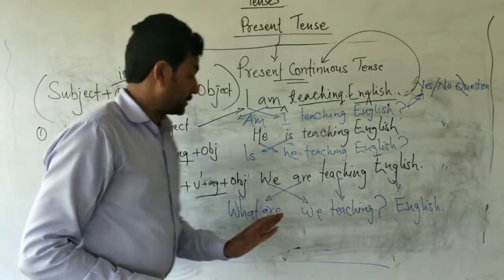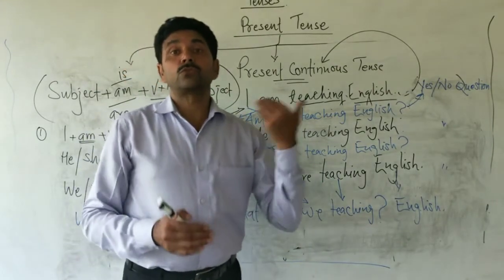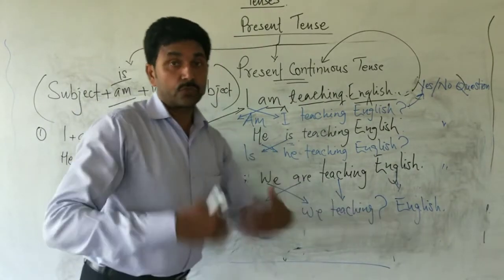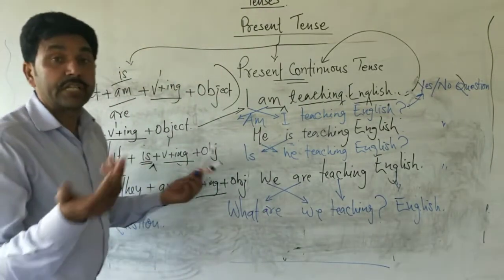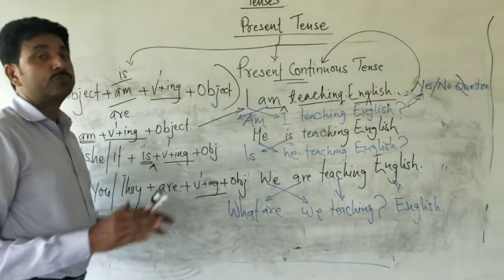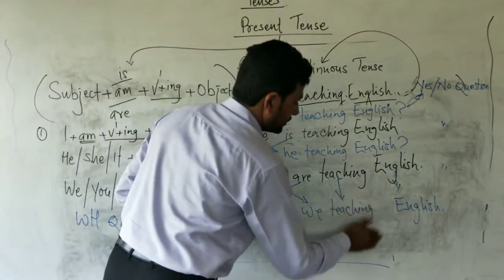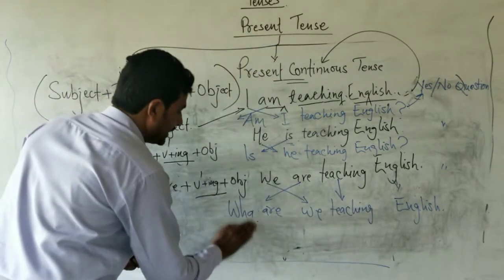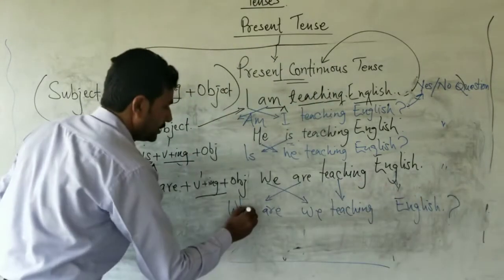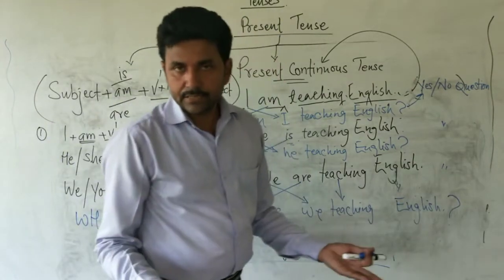There are other WH words, question words, that do not need the object to be removed. For example, "Where are we teaching English?" If we use where, we do not need to remove the object. If we change the WH question, we do not need to change anything else.